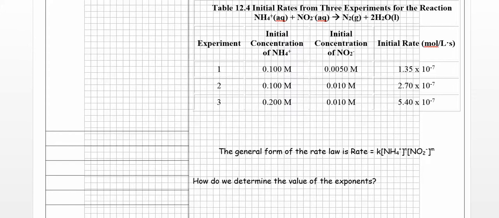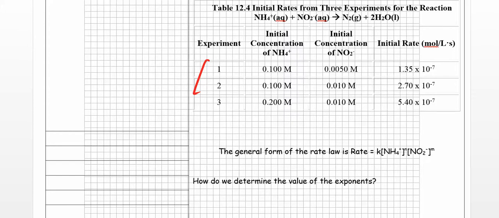So here's how we do it. We look at the various experiments. I want you to look at just experiments 1 and 2 to start with. I want you to notice that the NH4 plus concentration remains constant, right?